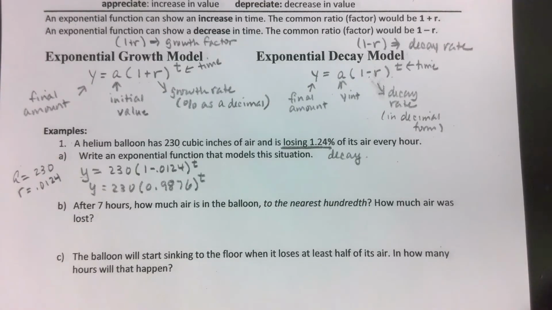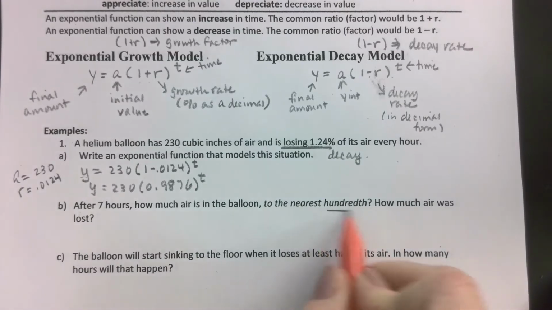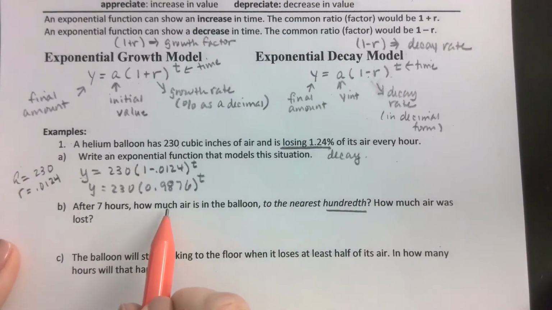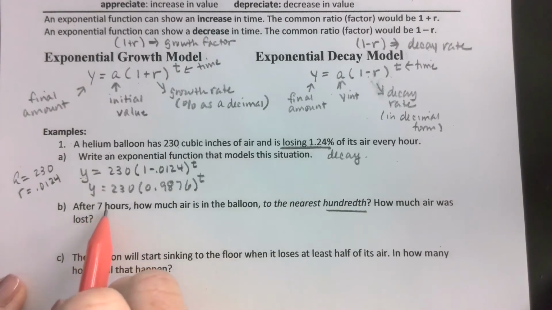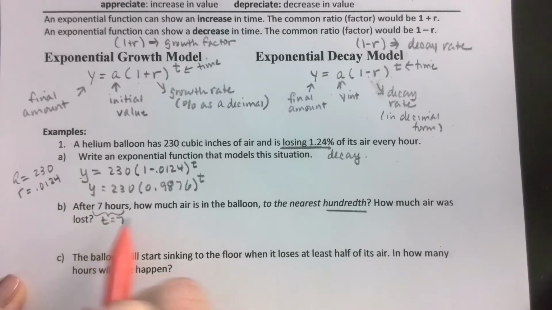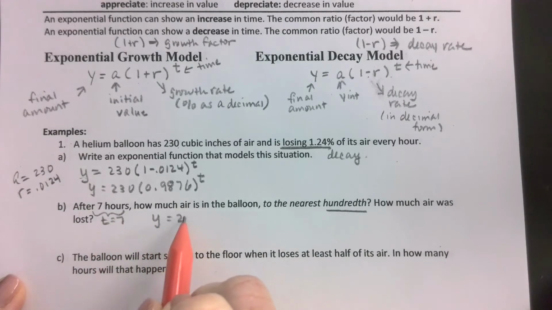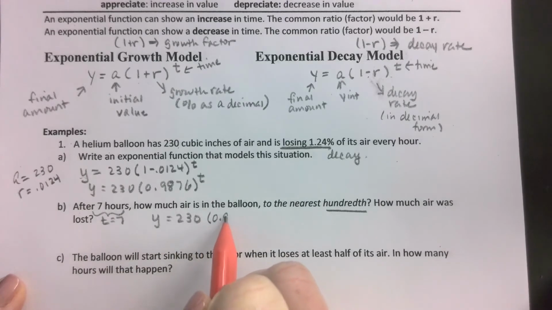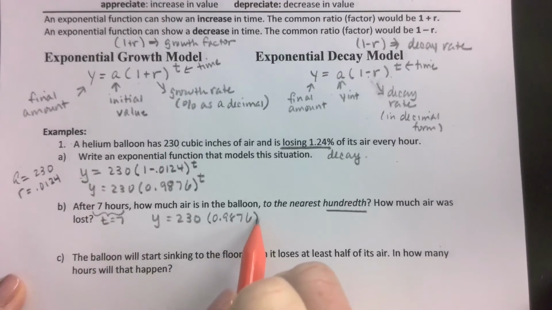After 7 hours, how much air is in the balloon? We're going to round our answer to the nearest hundredth. How much air was lost? So let's figure out how much air is in the balloon. After 7 hours means we're going to substitute 7 in for t. So y equals 230 times 0.9876 to the 7th power.